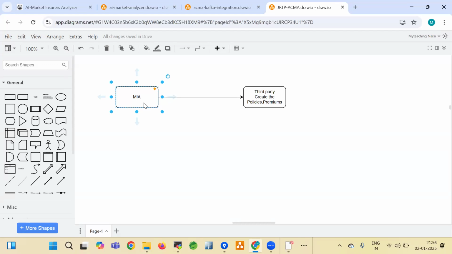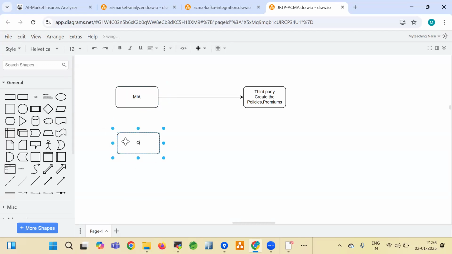So how is it giving? There is a huge story. This MIA contains the property quotation, and first of all the property owner. So the actors of the system are property owners. Property owners create the property quotation, right?